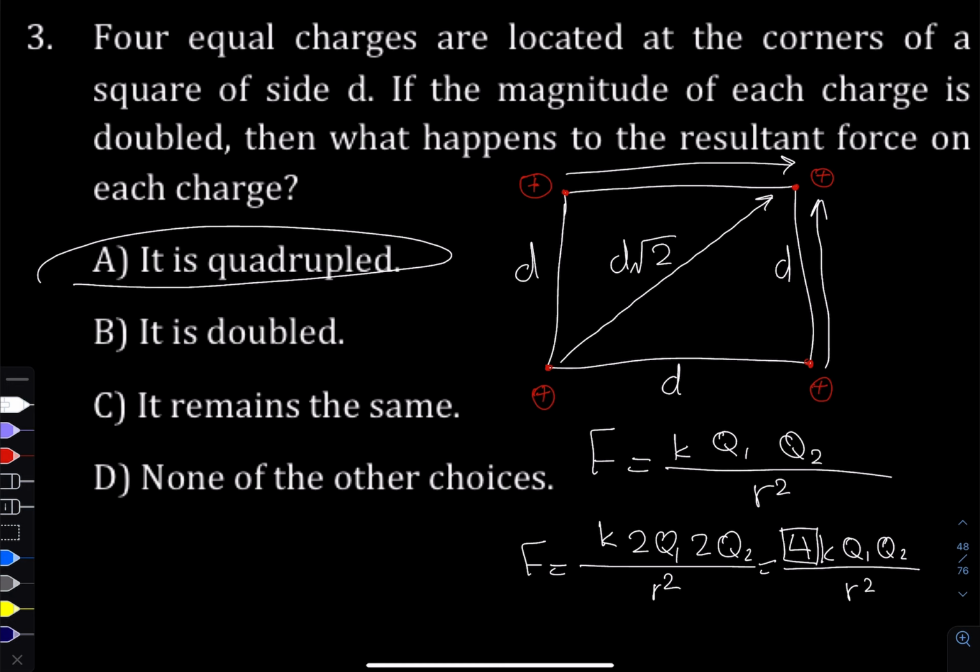So we know that there's a force pushing it to the right, and that's going to be Coulomb's constant. We can double these, right?